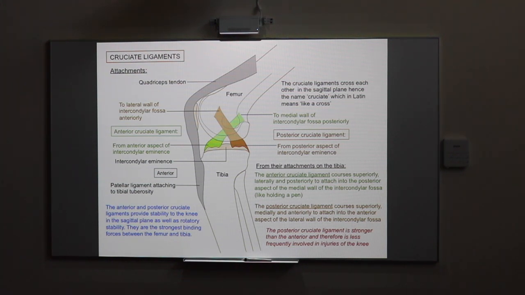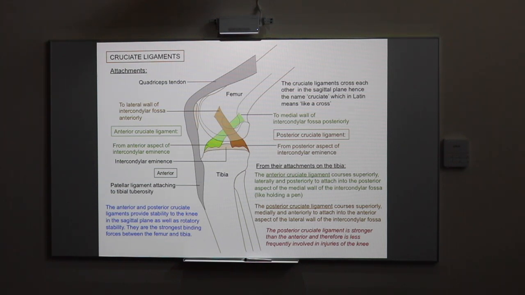Because the posterior cruciate ligament is facing the quadriceps tendon, and that one is coming from the quadriceps tendon. Both of them neutralize each other. No, it is the only one. Correct. Which question is why it's important? Why is it stronger?